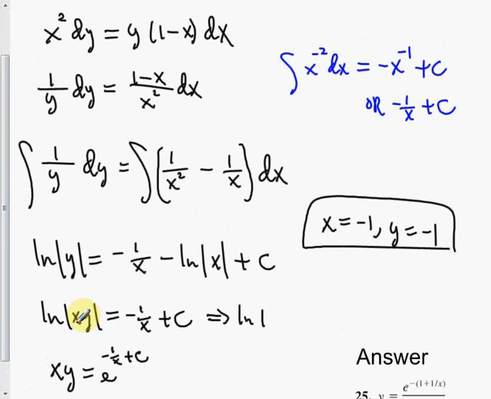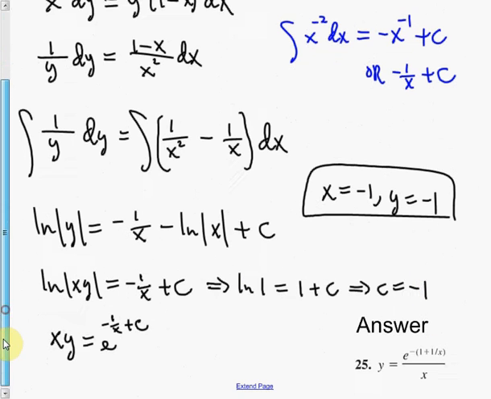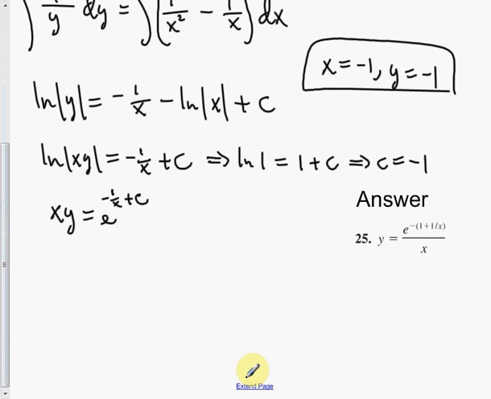So if I plug in that, I get negative 1 times negative 1, which is just 1. Natural log of 1 is equal to negative 1 divided by negative 1. That's 1 plus c. What's the natural log of 1? 0. So this implies that c is equal to negative 1. So I get x times y is equal to e to the negative 1 over x minus 1, because c is equal to negative 1.